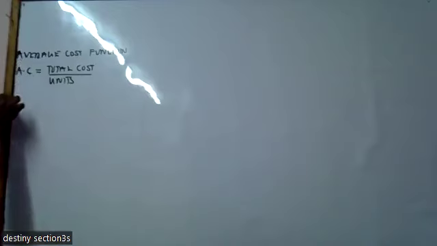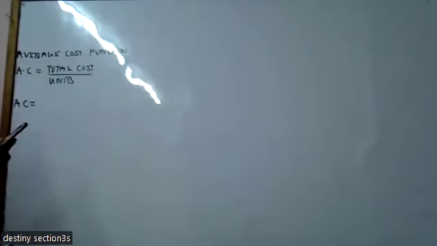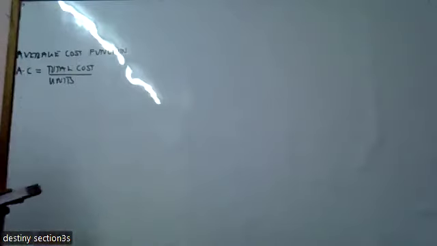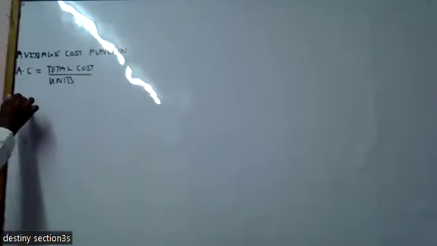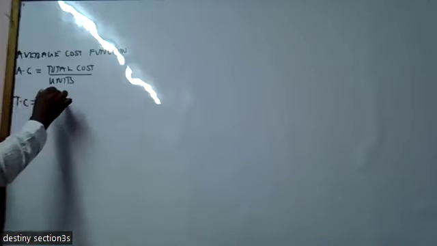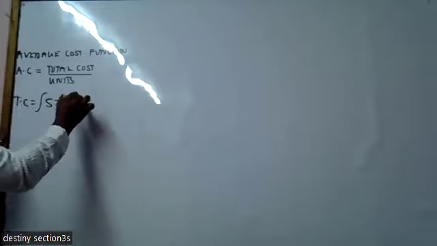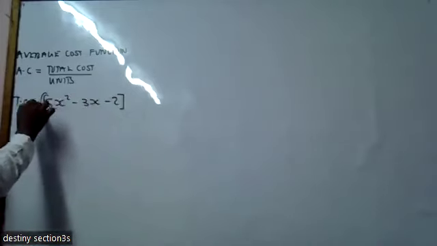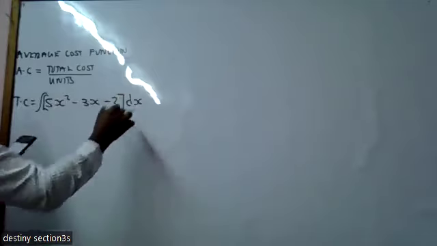So the AC, the average cost, you take the total cost function. But now we do not have the total cost function. So the total cost will be the integral, because you're given the marginal cost. So we integrate 5x squared minus 3x minus 2 with respect to x.